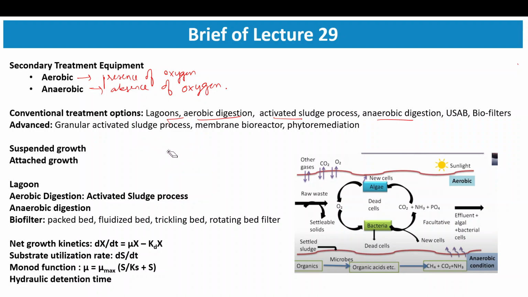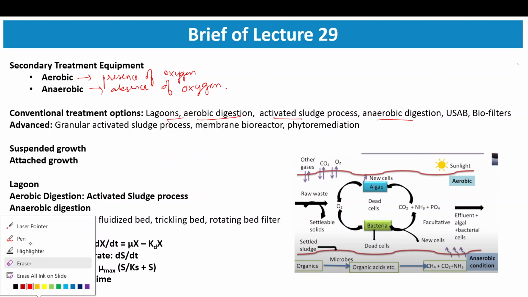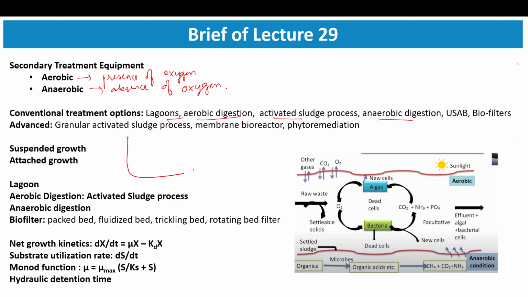Such a process is known as an attached growth process, where the microorganisms present here come in contact with water. The organics are degraded, taken up by microorganisms as their food.